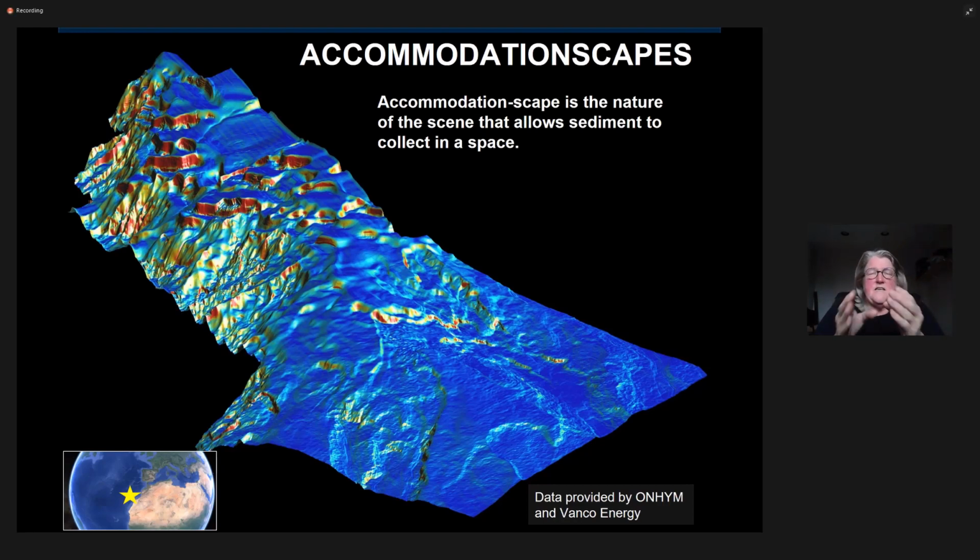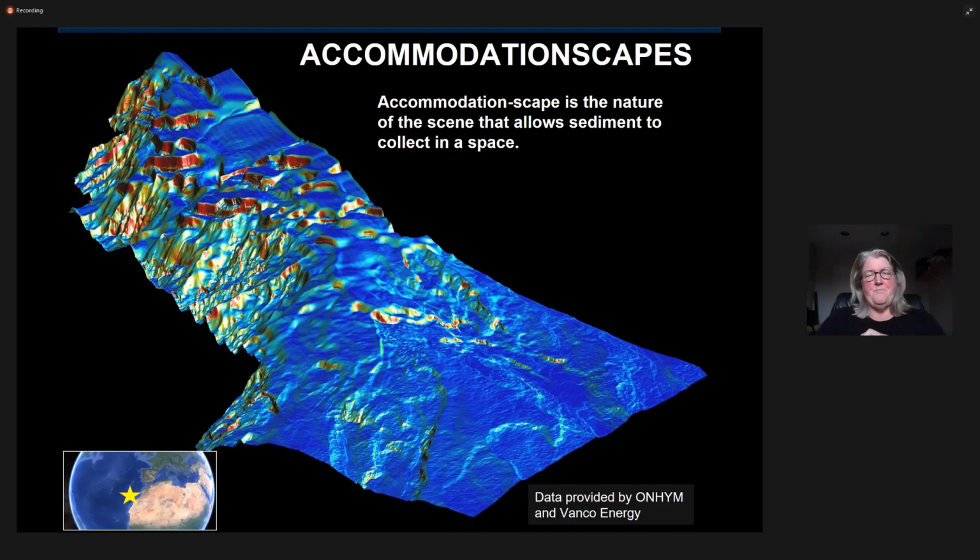So what I'm saying to you is you can't divorce the shape of the container from the type of flows that are entering the system and how they interact with the complex shape of that container. And then you've got to layer on top of this whether you're dealing with meandering or fine-grained fluvial systems, coarse-grained braided fluvial systems, what types of aeolian systems you're dealing with in terms of how topography is influencing aeolian dunes.